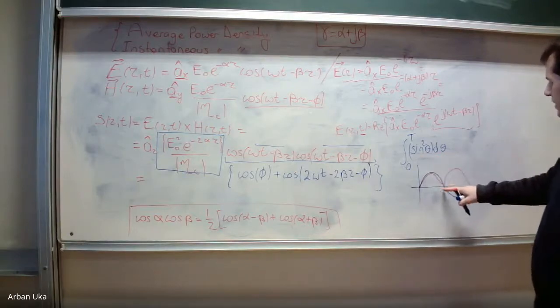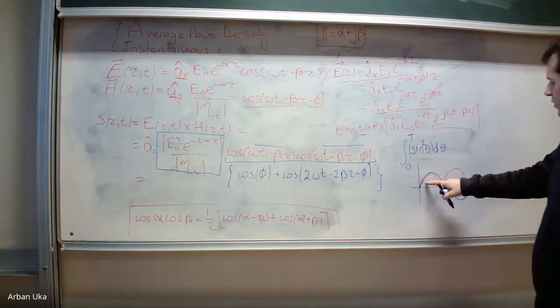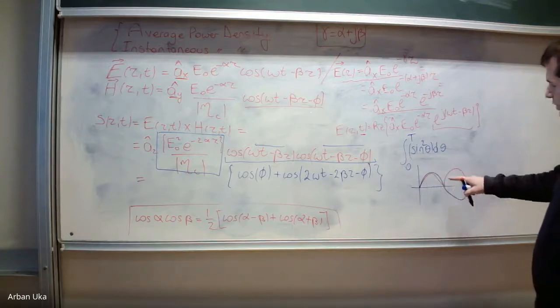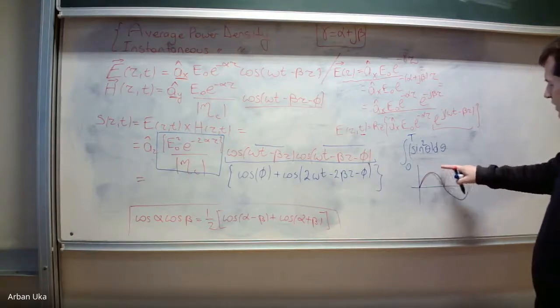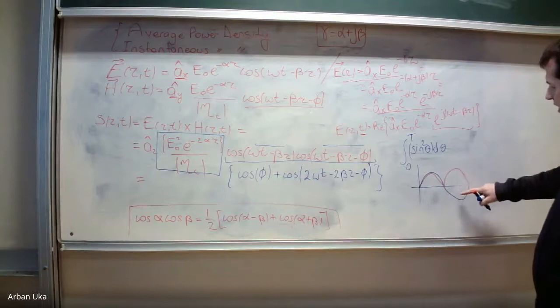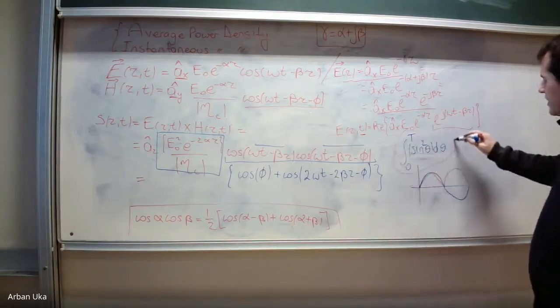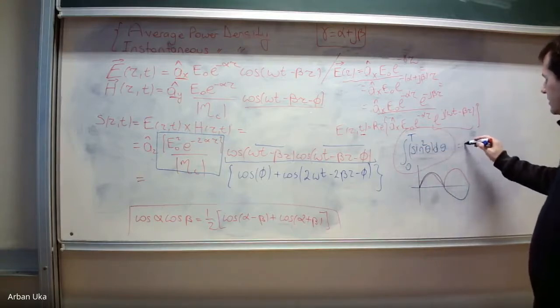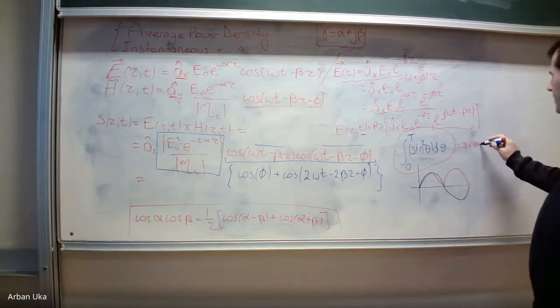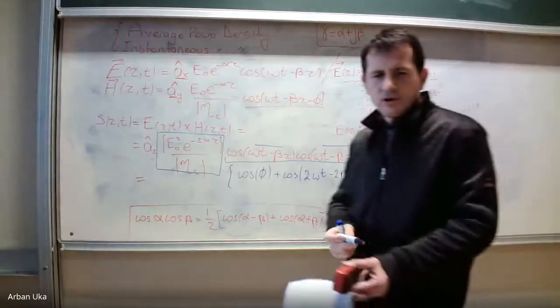So we take the square. Now we are going to integrate over the red line. The blue line is the real sine. The red is the square of this, so it's going to be always positive. We integrate over a full period. Okay, this is the average, but the average is over a complete period.